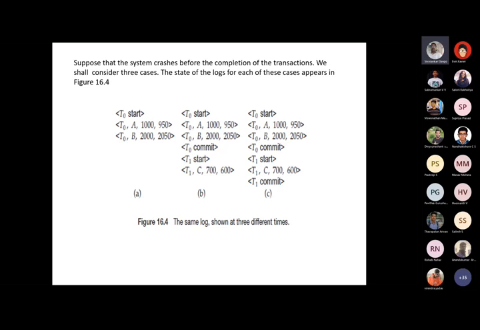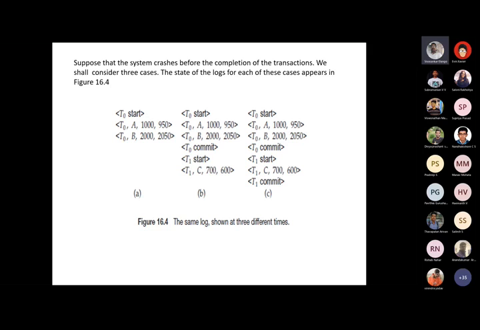So we are going to perform this redo of transaction T0, by which the values of the data items capital A and capital B are updated to their new values, $950 and $2,050 respectively, right?